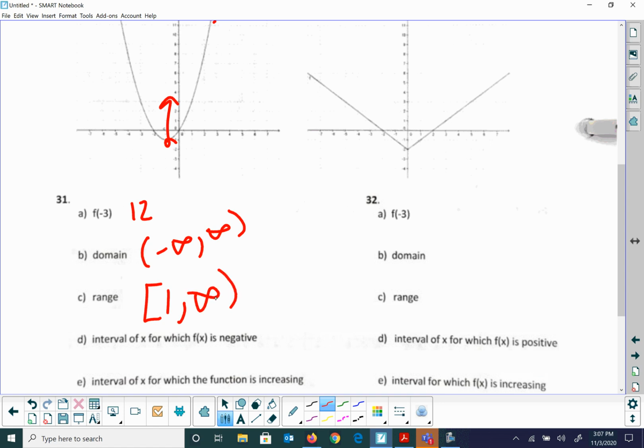And the interval where f of x is negative, well, it's negative down here. So it looks like it's between -2 and 0. That's where it'd be negative. And where is this increasing? It's increasing over here. So from -1 to infinity, it's increasing.